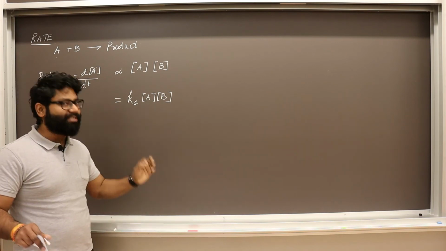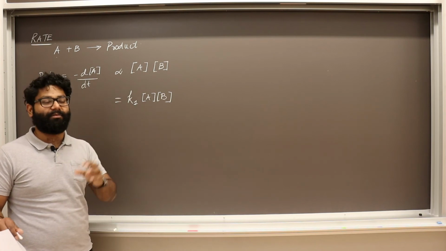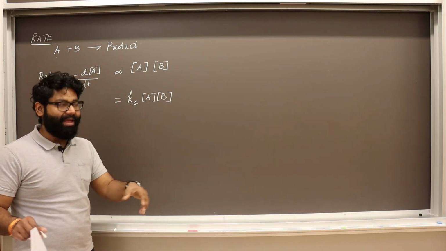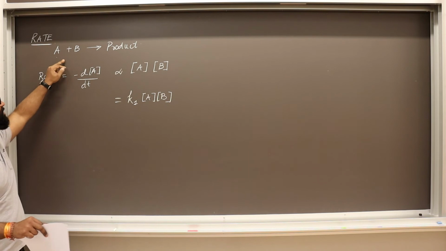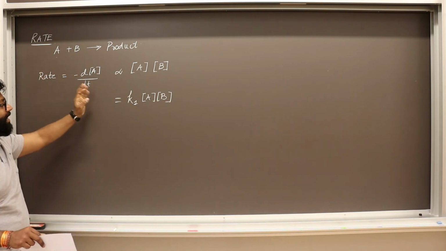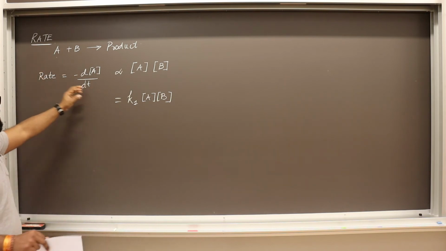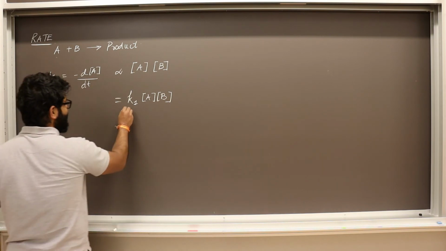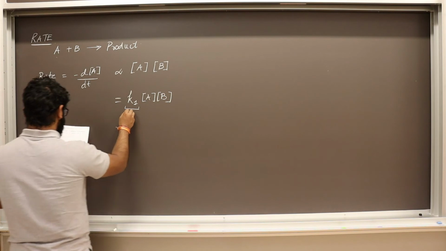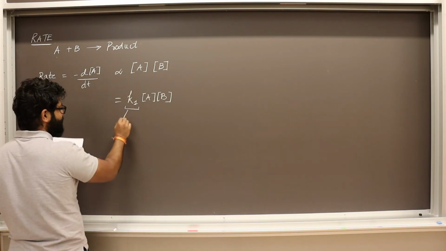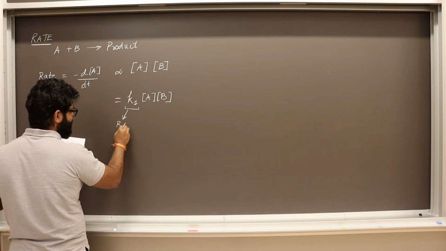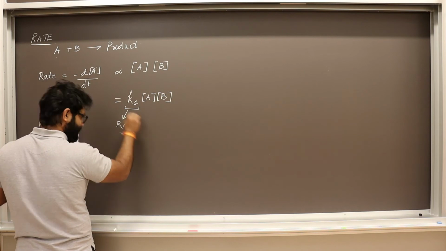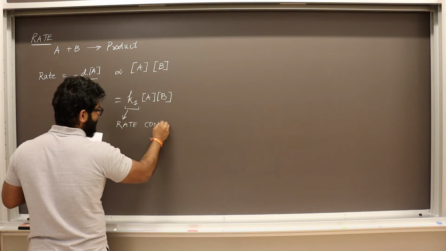So the reaction kinetics should be dealt with for elementary reactions. Only if we assume this reaction is elementary can we write this equation, right? K1 is a constant of proportionality, and it's called the rate constant for this reaction, okay?